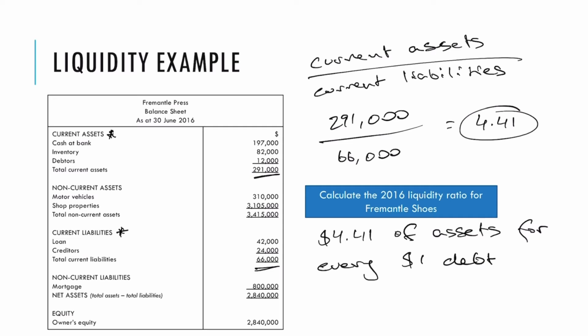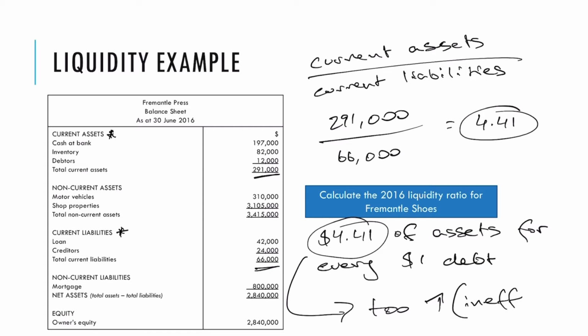Now, whether or not this number is too high, right? We can go back to the assumption that this number might be too high, so maybe this company might be a little bit ineffective in what they're spending their money on. Maybe they've got too much money tied up in day-to-day expenses.